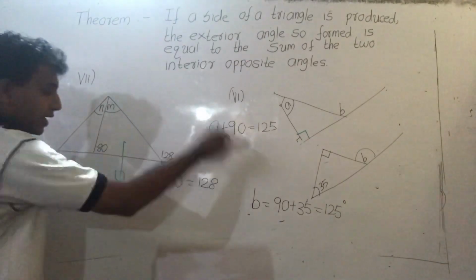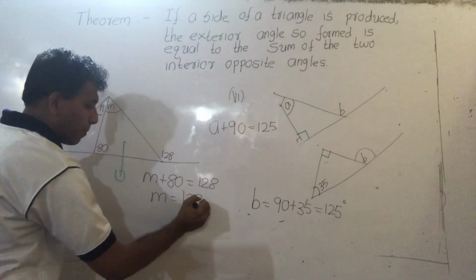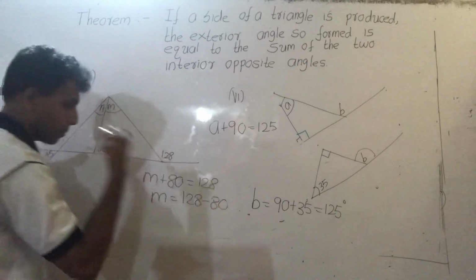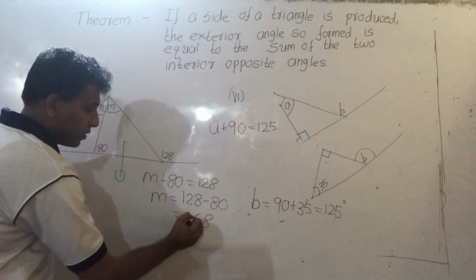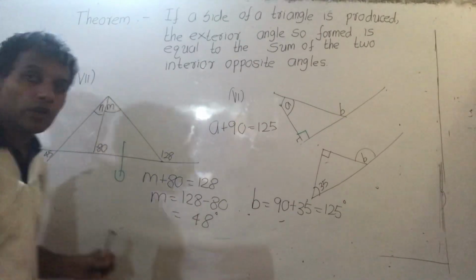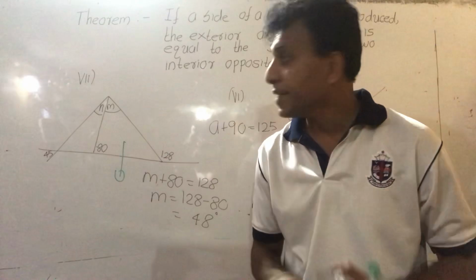So take the 80 and subtract: 128 minus 80. What is the answer? 48 degrees. M equals 48 degrees. Now find the N answer.